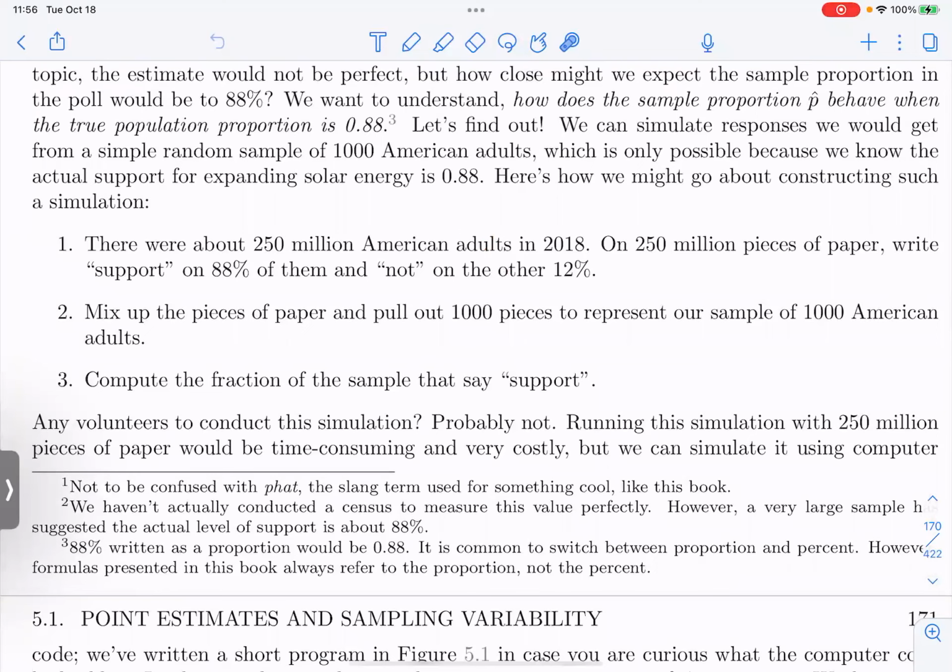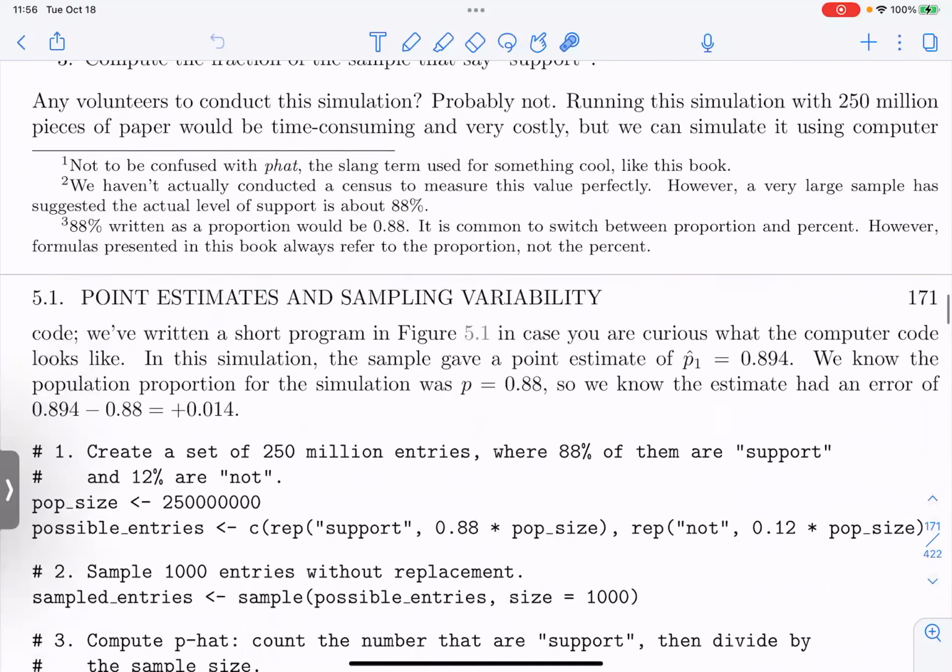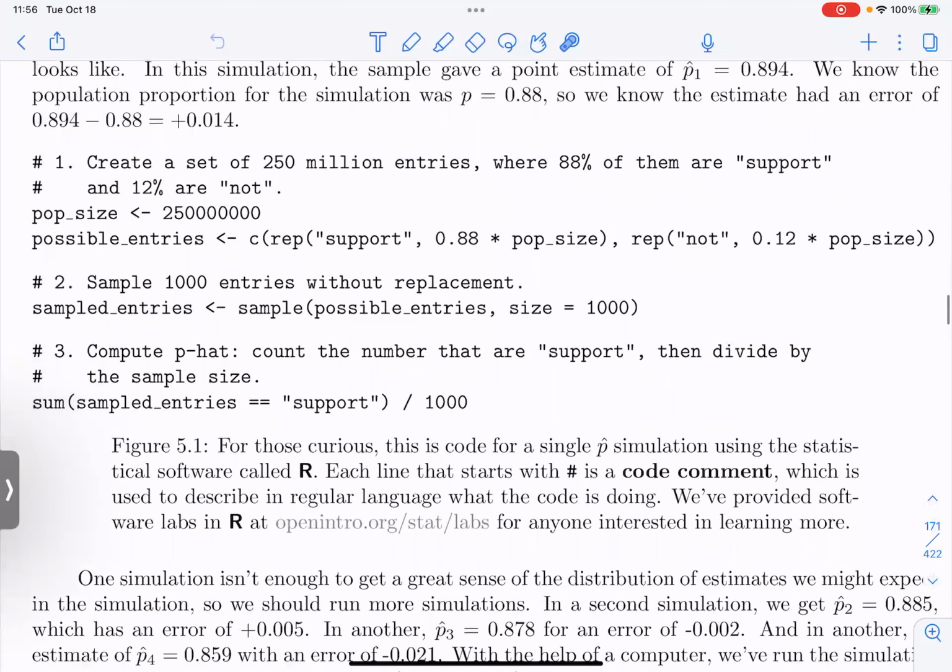There's some R code that you could recreate if you wanted to, and I encourage you to do that. But one of the things I don't like is that we have to assume that we know p, and then we run all these simulations.